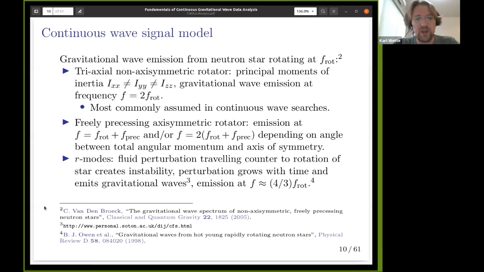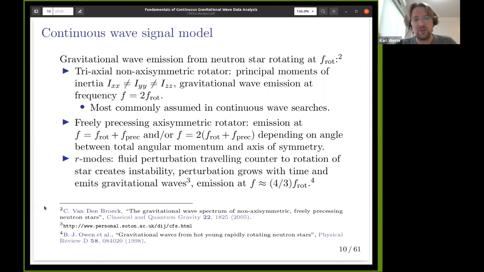And if you can set up a perturbation which is traveling counter to the rotation of the star in a particular reference frame, then instead of that perturbation being damped out over time, it actually grows over time. And the larger it grows, the more rapidly it grows, which is an interesting situation.